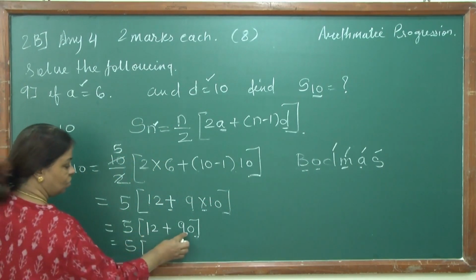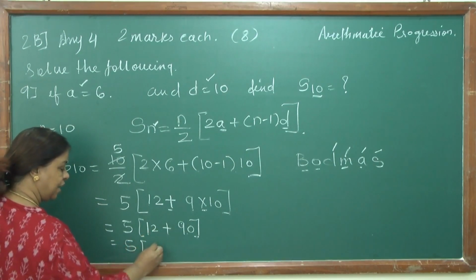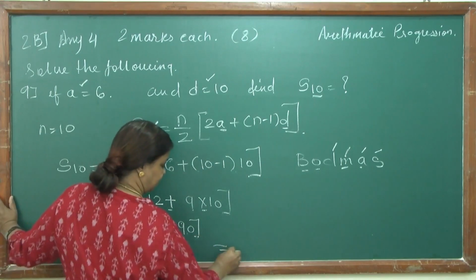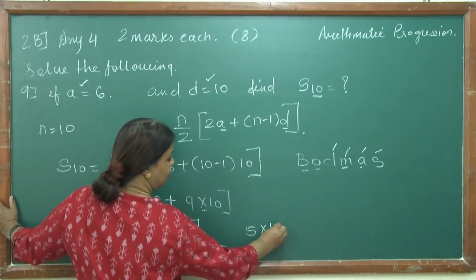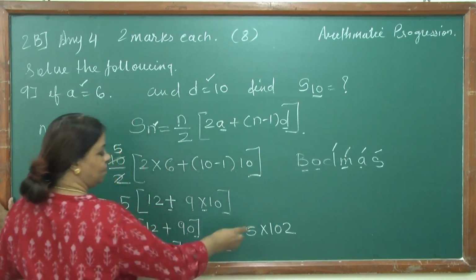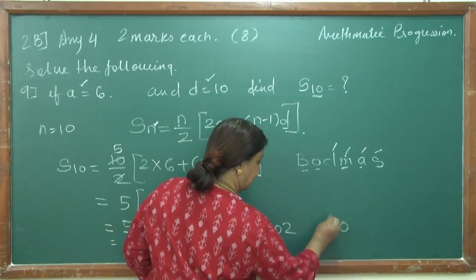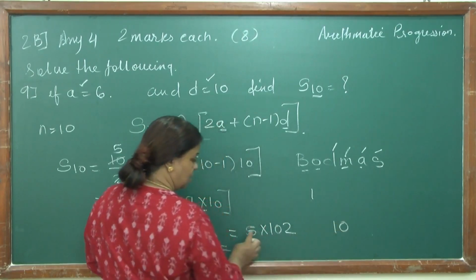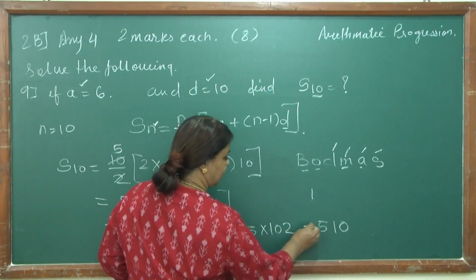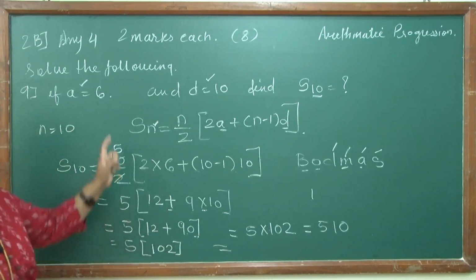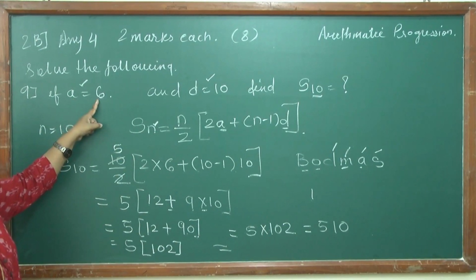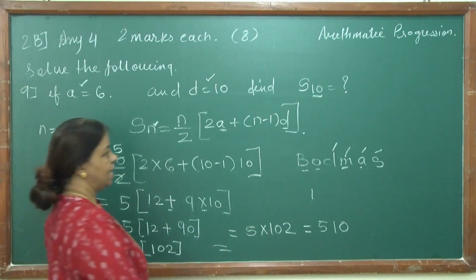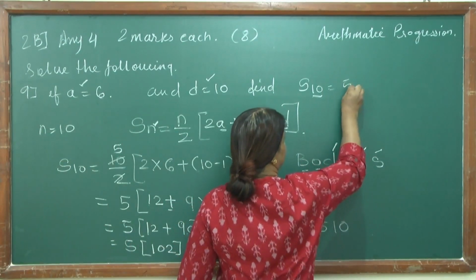So 90 plus 12 is 102. Now open the bracket: 5 into 102. 5 twos are 10, carry 1. 5 zeros are 0, plus 1, 1. 5 ones are 5. 510. So the sum of the first 10 terms when a is 6 and d is 10 is 510. So S10 is equal to 510.